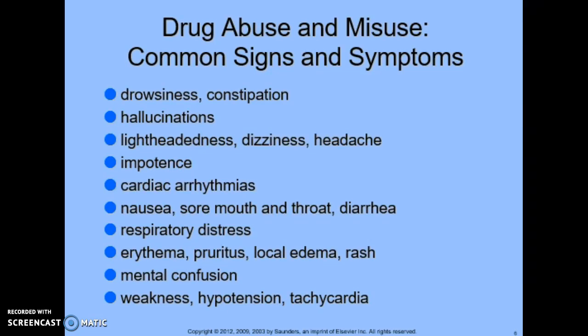And therefore, a lot of times you will see patients, or friends or family members again, that are misusing or abusing drugs and alcohol, and they constantly are not feeling well, and they're constantly having multiple things, but they don't make the connection again to their misuse and abuse of drugs.